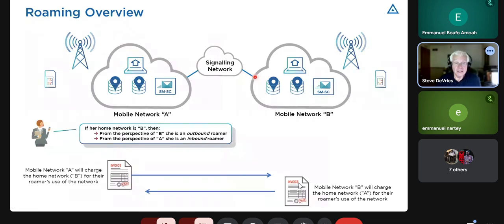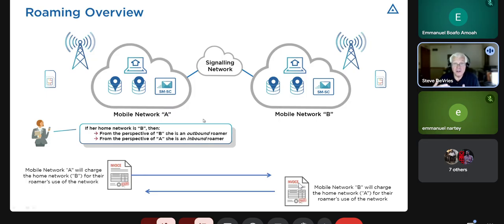So you have these signaling networks that interconnect. But from the perspective of her home network B, she's an outbound roamer. From network A, where she is, she's an inbound roamer.